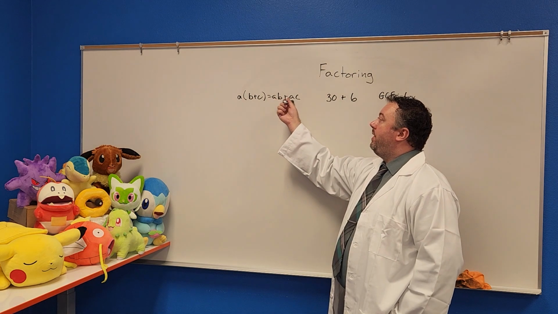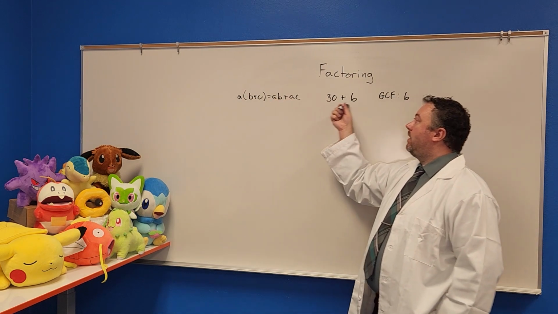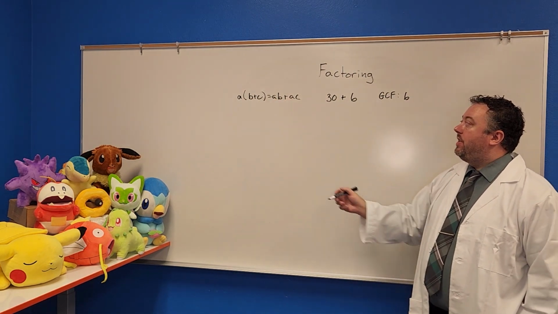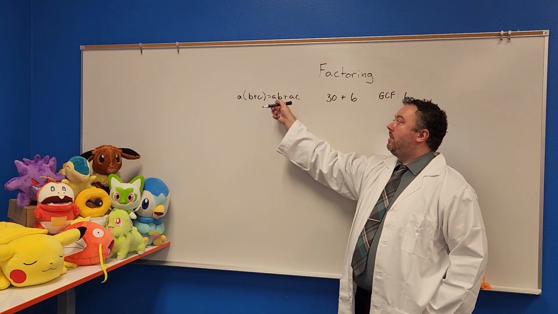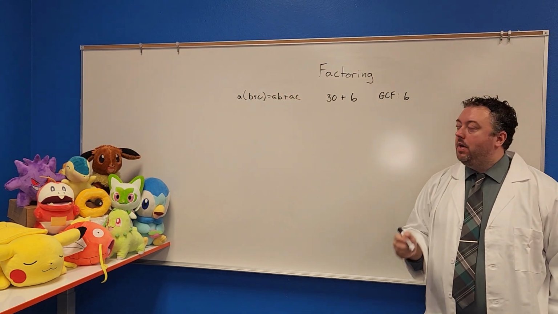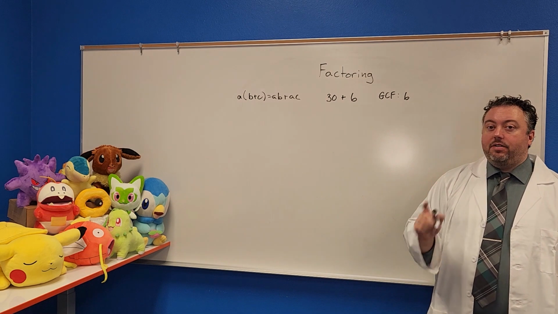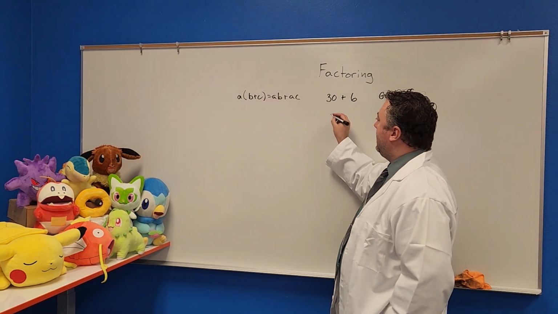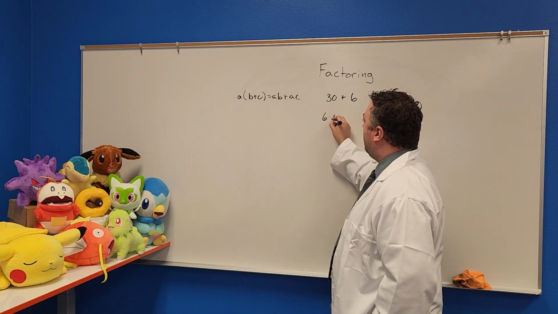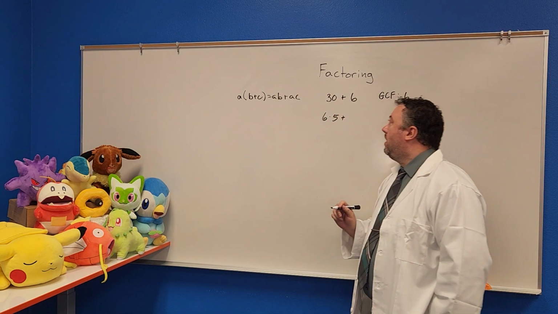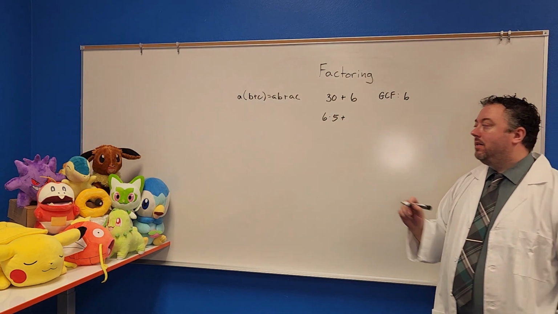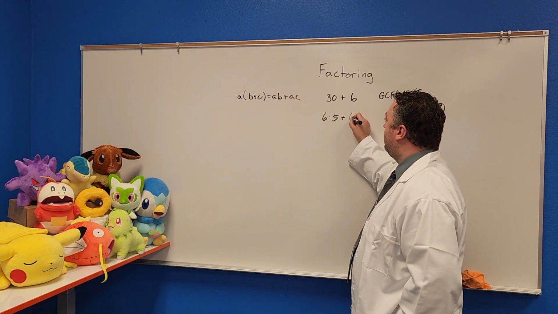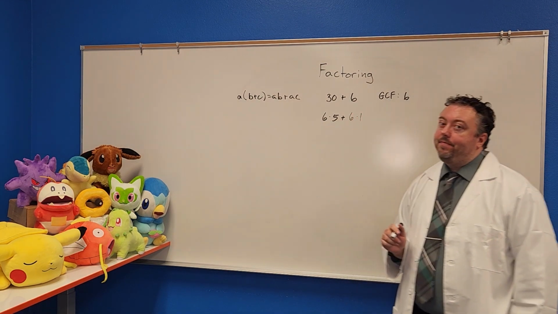We are going to rewrite the two terms of our expression so that they are the greatest common factor times whatever's left. So since our greatest common factor is 6, I'm going to rewrite 30 as 6 times 5. And I'm going to rewrite 6 as 6 times 1.